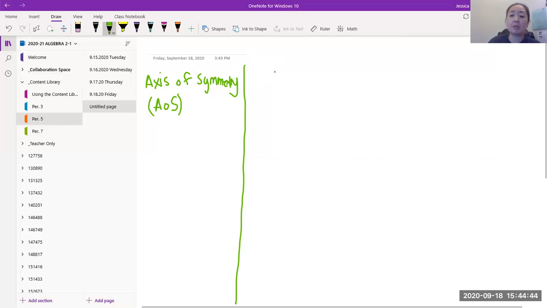For example, since a lot of you already took this class, if we were with factored form, then I would just write x is equal to r1 plus r2 over 2. And that would be the formula for that, and that's all relating to the axis of symmetry.